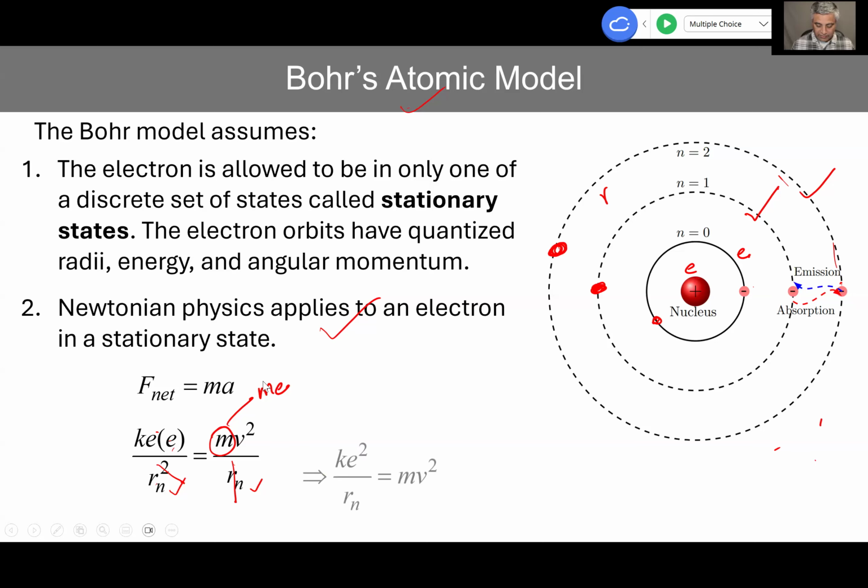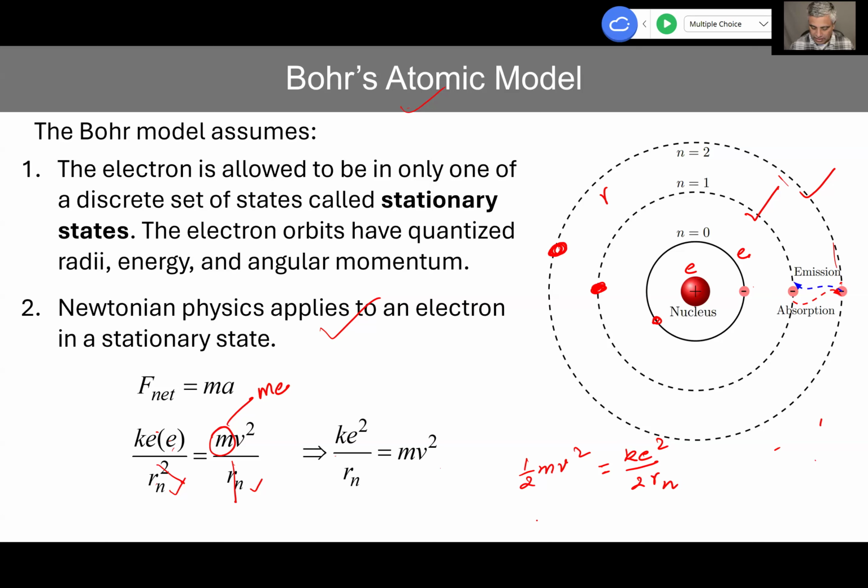So we can write something like this. See here, mv squared. I'm writing it this way so that it looks like a kinetic energy as well. Whenever we need kinetic energy, remember, kinetic energy is half mv squared. So the kinetic energy of an electron is ke squared over 2 times Rn.